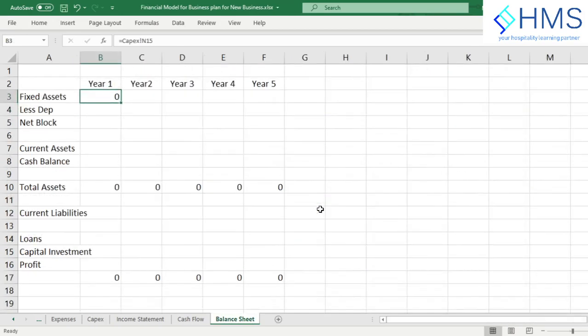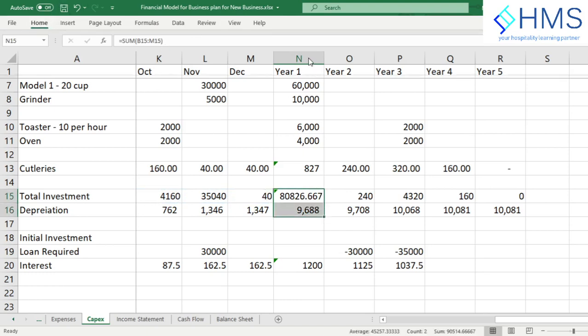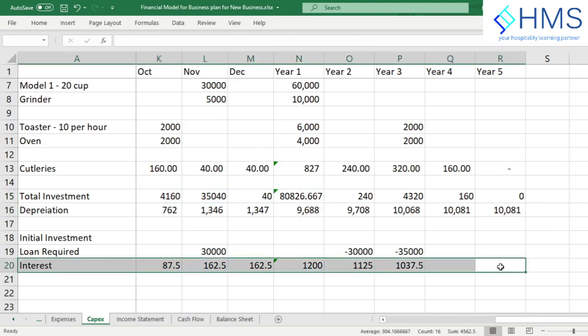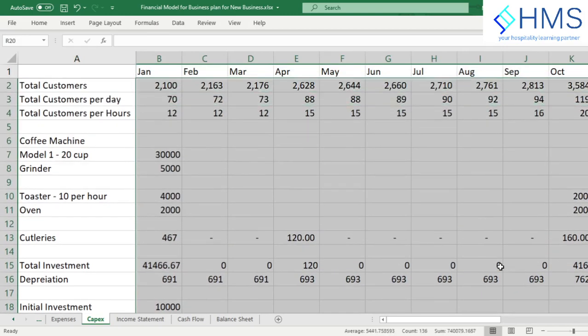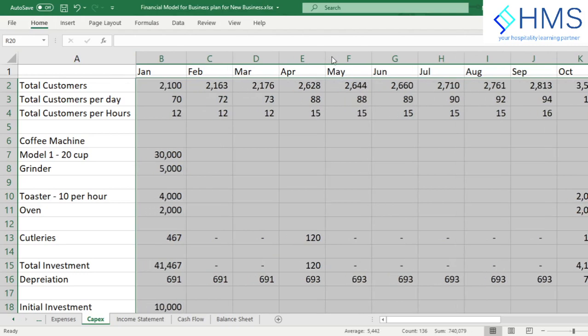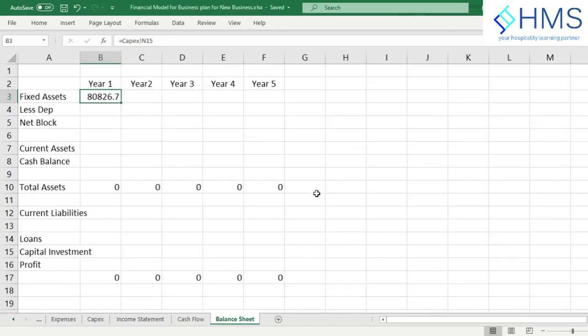So our total investment was $90,000. Now we have done the fixed asset.